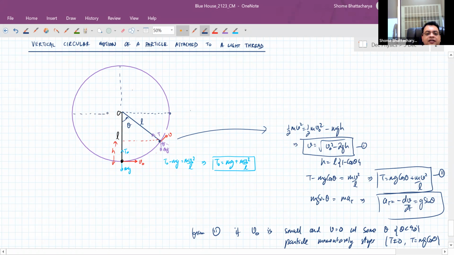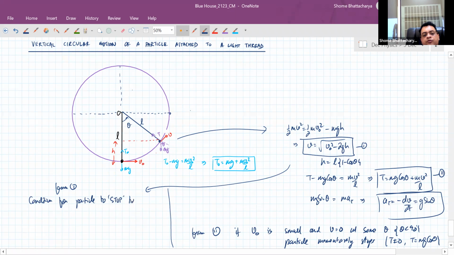So now we can find a limiting condition: what is the minimum speed we have to give so that it crosses the 90-degree position. That we will understand from equation 1. From this we can further see the condition for the particle to stop before theta is equal to 90 degrees, that v should be 0 at theta less than 90 degrees.